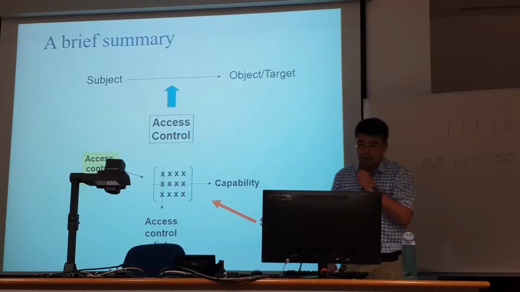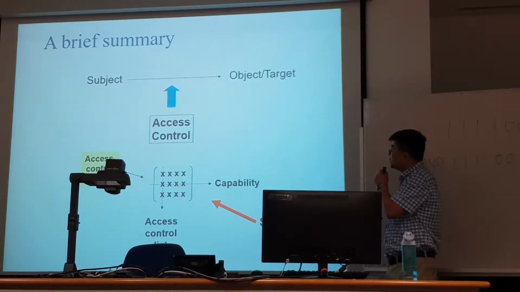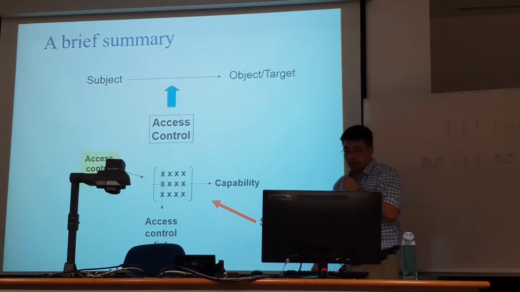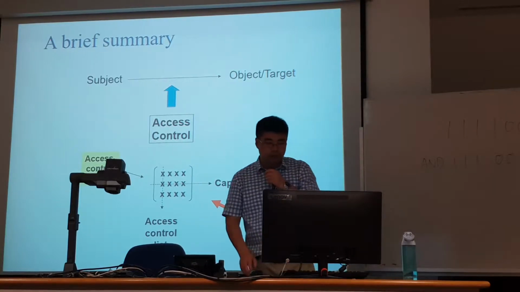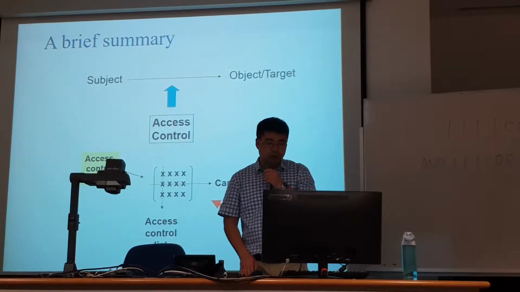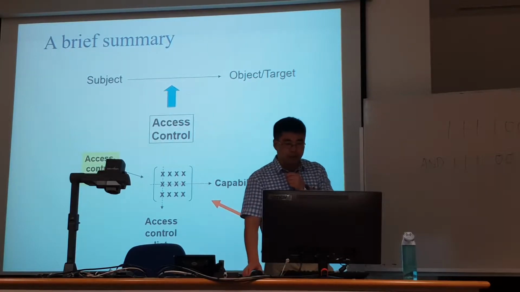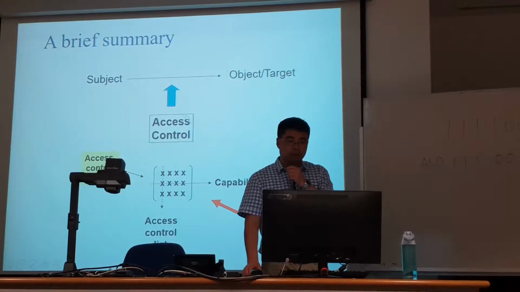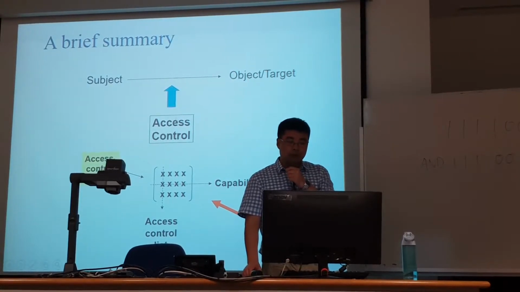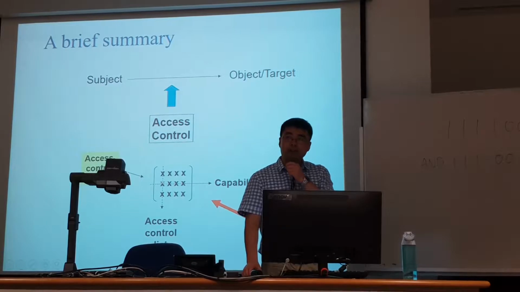Right. So this picture illustrates the summary. It gives a brief summary about this ACM or ACL-based approach. Basically, we have the subject who will access objects, and then we have the access control authority, the so-called reference monitor. The reference monitor will enforce the policy defined by the ACM.